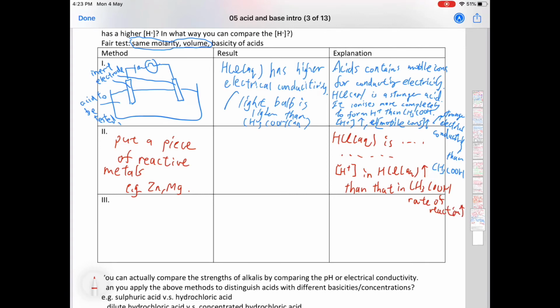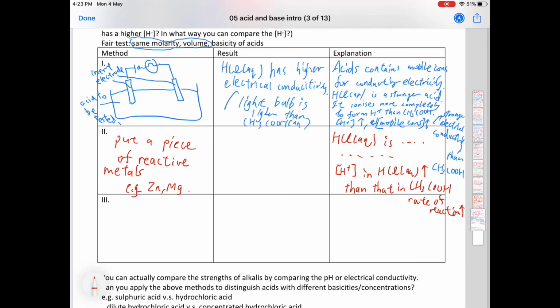Is it okay? It's because what do we mean by a reaction? The reactants must collide with each other. The more concentrated the solution is, the easier it is for the reactants to collide with each other. It means that the rate of reaction will increase.